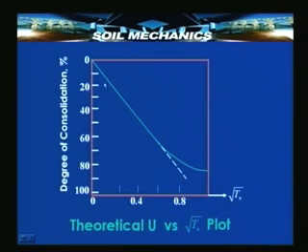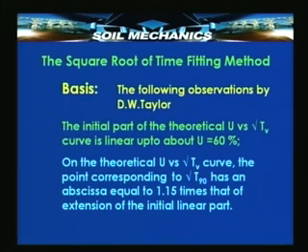Now, this straight line is the basis for comparing this curve with a curve obtained from a typical Oedometer test, a curve of dial gauge reading versus root of time. So, the initial part of the theoretical U versus root of TV curve is found to be linear. It is linear up to about 60% consolidation.